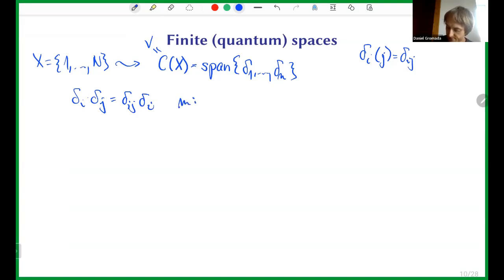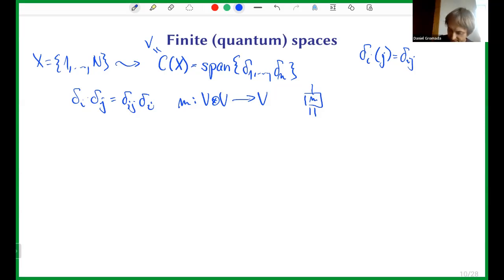So all in all, I have a multiplication, which is a linear map that takes two elements of this vector space and gives you another element of this vector space. So I have such a black box with two inputs and one output, right? And actually, for some reason, it is also important that this algebra is equipped with a bilinear form.